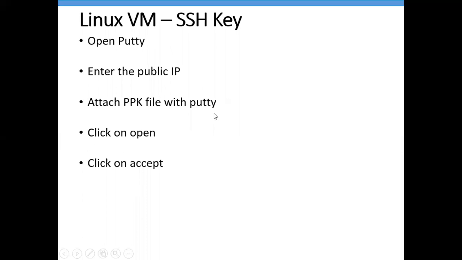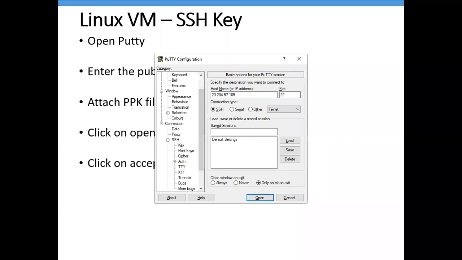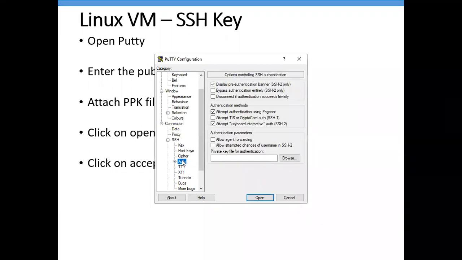So how to attach? See very carefully. First, we have to click on the SSH plus button. SSH plus button, we have to click there. And then click on authentication. So I'm just going to click on it.